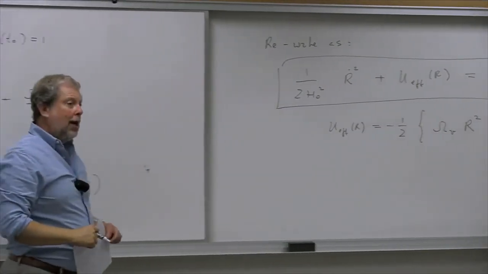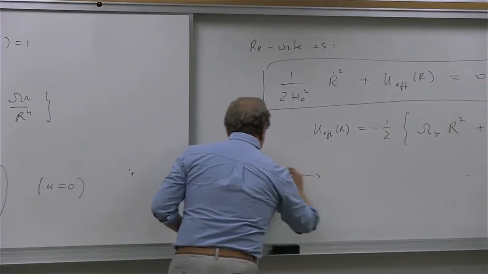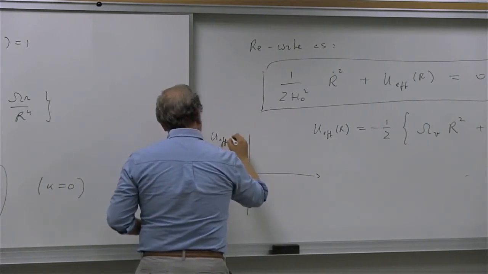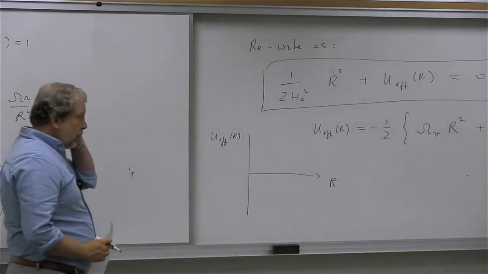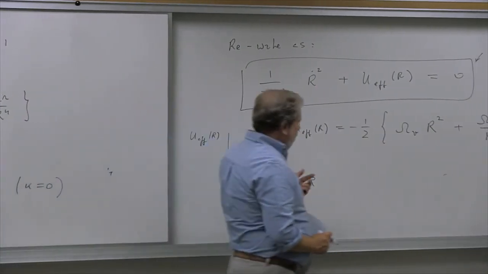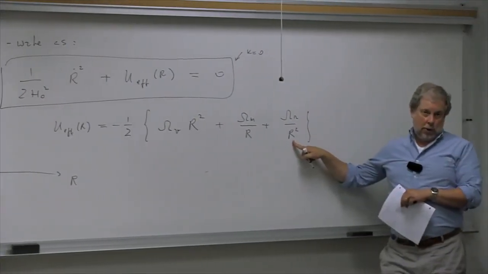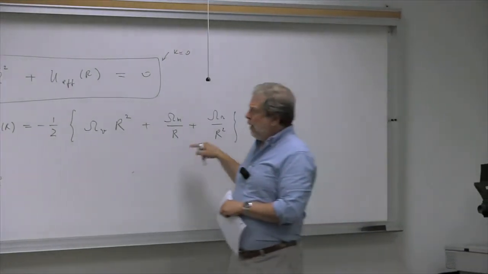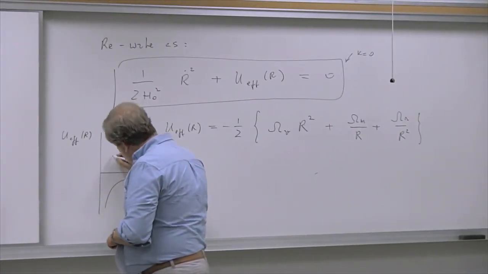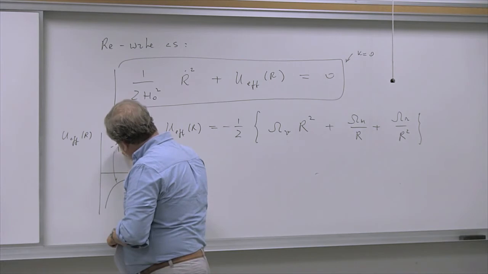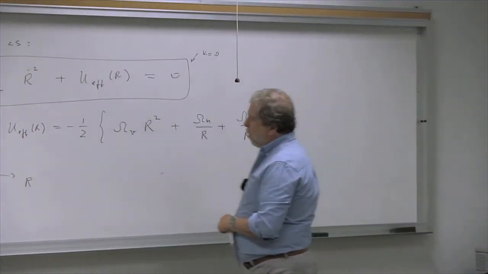And so we can treat it as a classical mechanics problem, right? Because now we can plot what this U effective of r is as a function of r. And what we see is that when we go to small r, of course, the part that is dominant for small r is the 1 over r squared, right? And that has a negative sign. So there is the minus 1 over r squared that is due to the radiation field, which is important at small r.